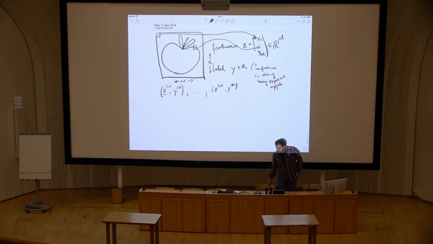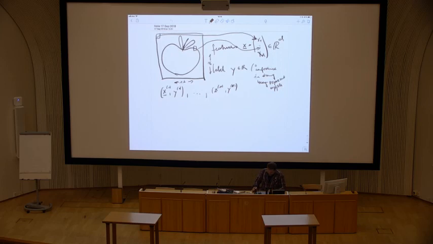Okay, so let's continue our discussion of drawing apples, or machine learning problems that arise within drawing apples. In the last lecture, we talked about a method for predicting the confidence that a drawing represents an apple based on simple features of a hand drawing.